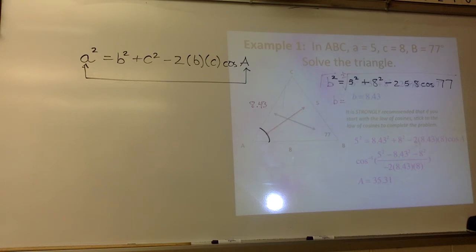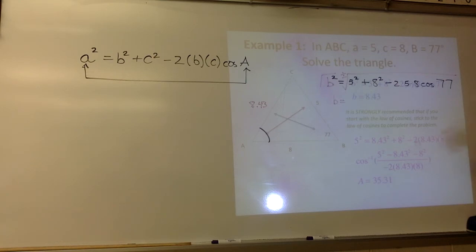Personally, if I were using the calculator, I would put in the numerator, 5 squared minus 8.43 squared minus 8 squared, or a variation of that. I would hit enter. Then I would divide by, and I would use parentheses, and type in -2 times 8.43 times 8, parenthesis closed. Get my answer, and then do cosine inverse of the answer. So I would do it in 3 steps.